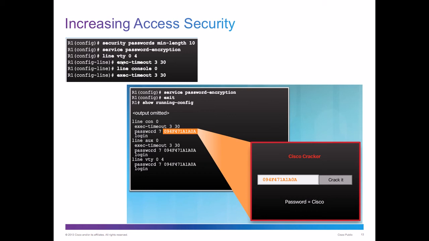The other command, exec-timeout, which means if you type in line vty 0 to 4, exec-timeout 3 30, which means if there is no activity within 3 minutes and 30 seconds, the session of the VTY will be disabled. So if you walk away from a Telnet session for 3 minutes and 30 seconds, you will be logged out. That's what this command means.